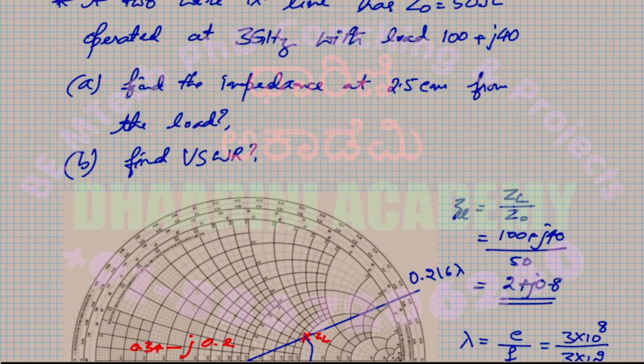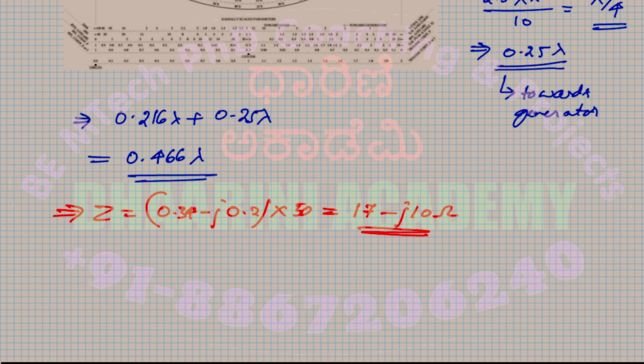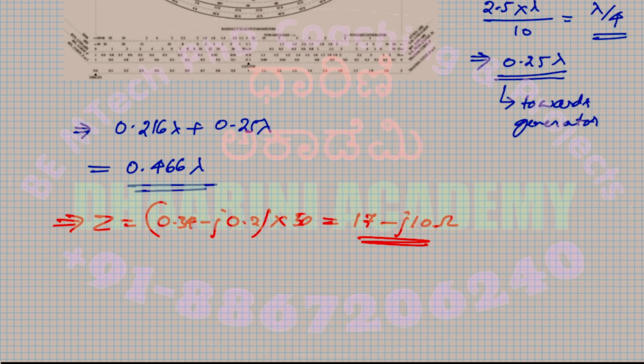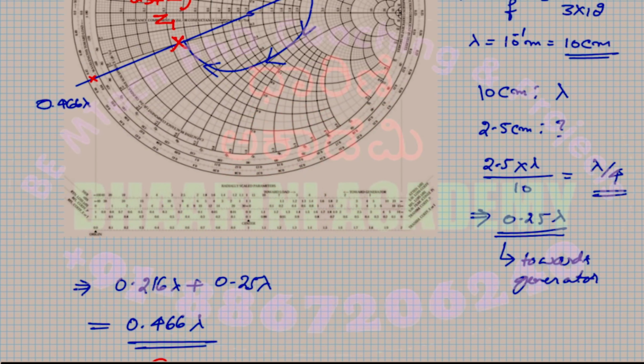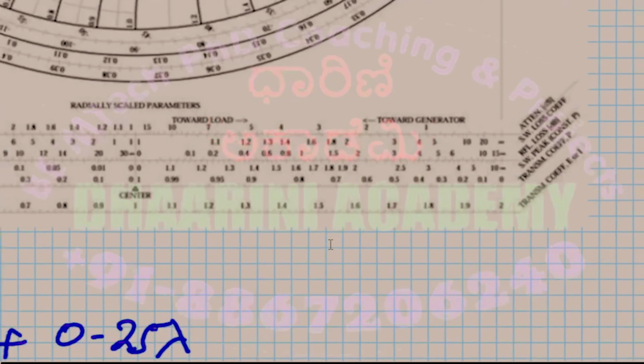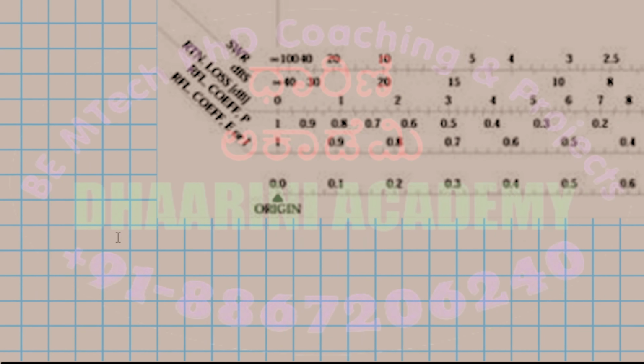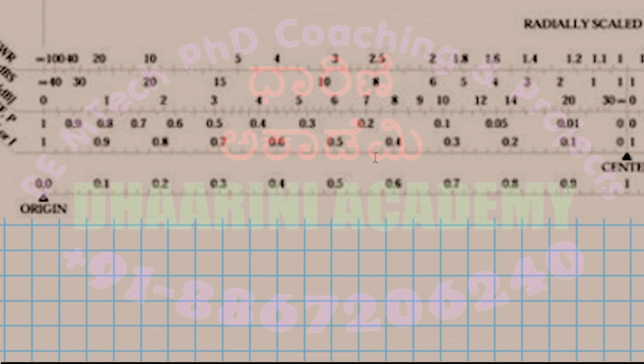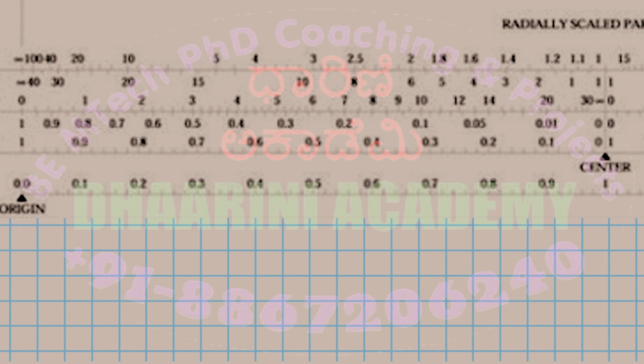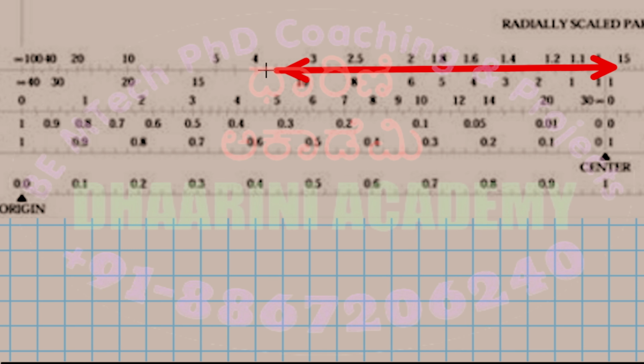Then look at the second question. Find the voltage standing wave ratio. What you are going to do, you will keep the same radius and measure that on the scale, first scale, right? We may measure a value, something like this, maybe.